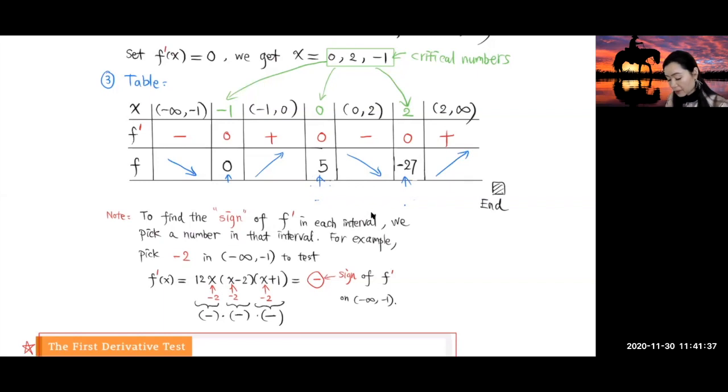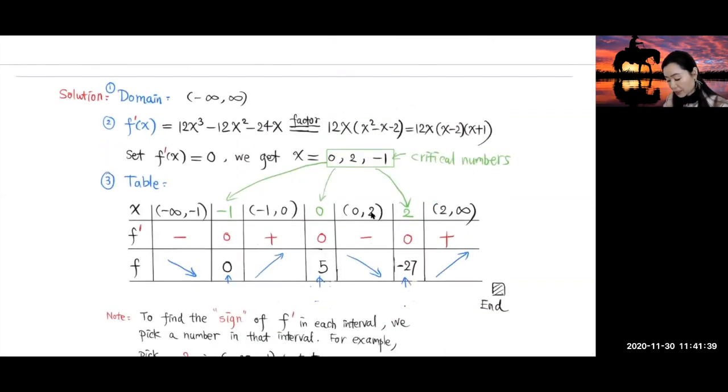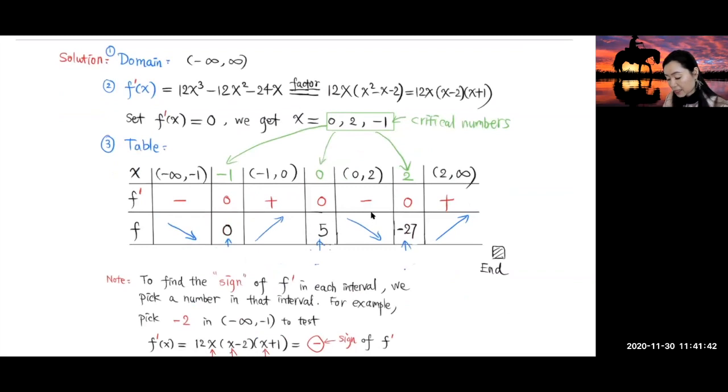Now, this table already answers the question. They ask when the function will be increasing and when the function will be decreasing, right? So instead of writing sentence after sentence like the book, this table already answered that for you. The function is decreasing on this interval and this interval, decreasing here and here. This interval union this interval, the function will be decreasing.